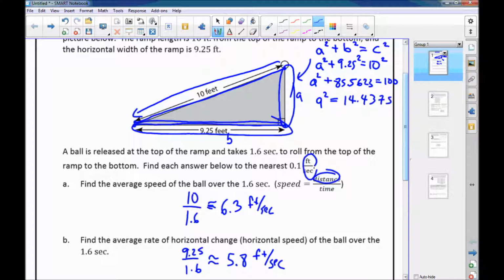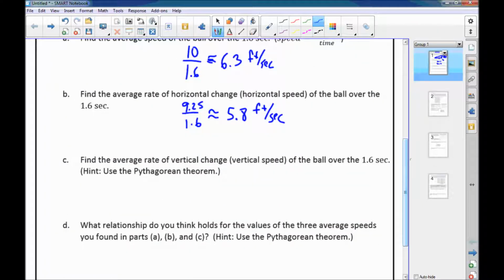Okay, and then we're going to square root that answer to find out what the length of a is. So a should be about 3.9 or 3.8. Okay, so the vertical distance was 3.8 feet, about. So if we divide that, 3.8 feet by 1.6, so 3.8 divided by 1.6 will give us the vertical speed, which will be about 2.4 feet per second.